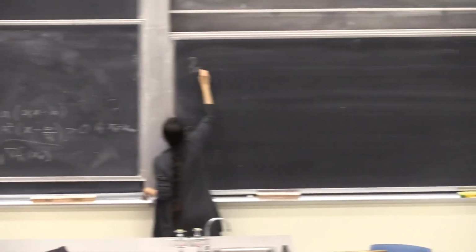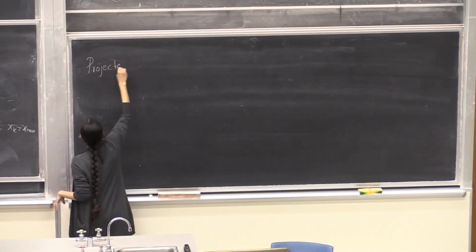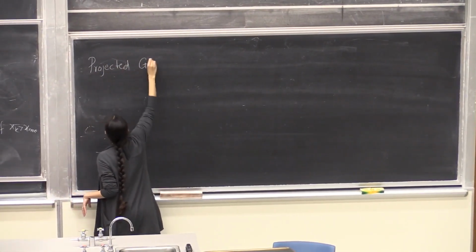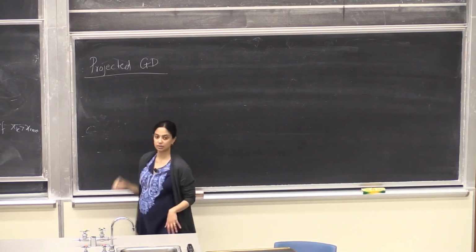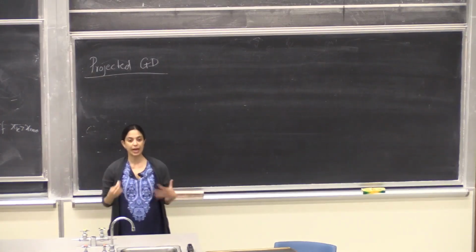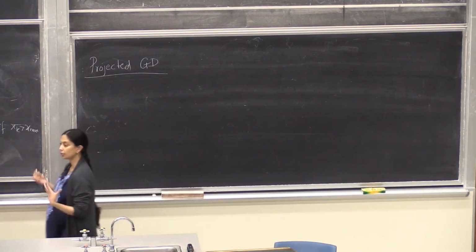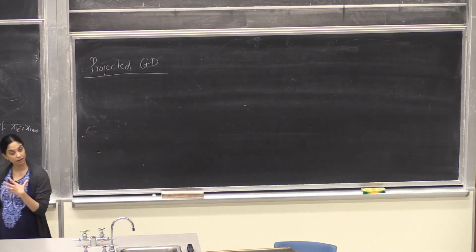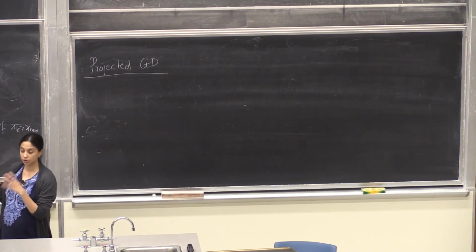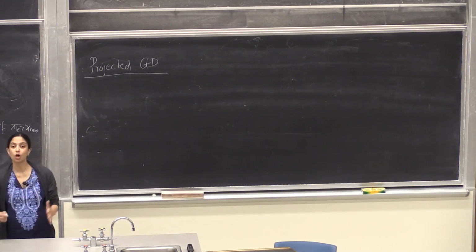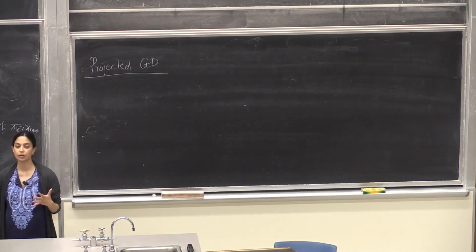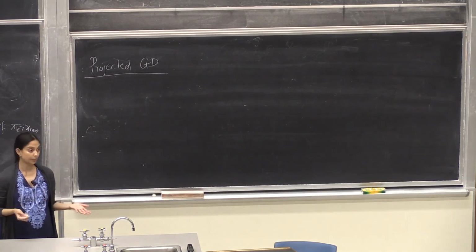Okay, so now I want to tell you about projected gradient descent. This is kind of the other standard trick that is always used. So gradient descent, when we talked about this algorithm and when we've talked about stochastic gradient descent, we've always talked about the case where we have an unconstrained optimization problem, right?